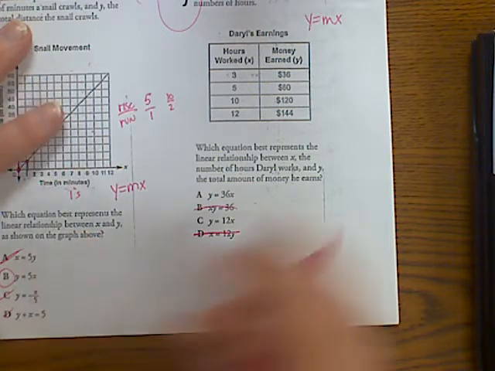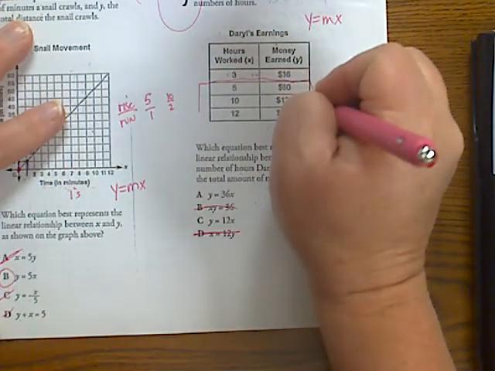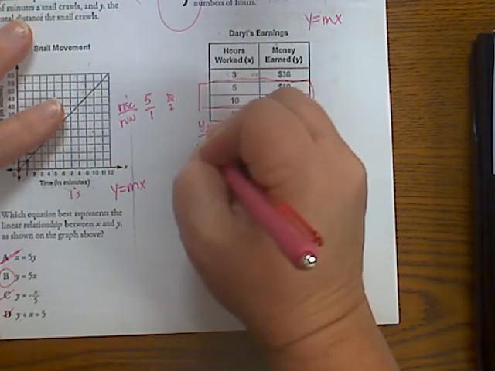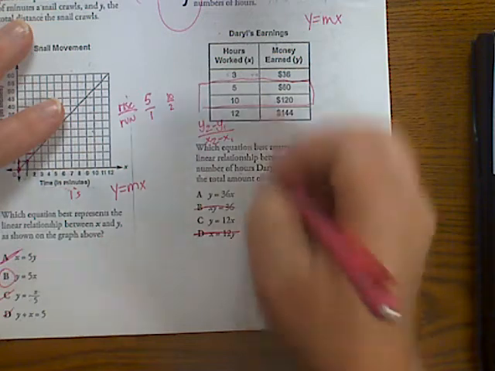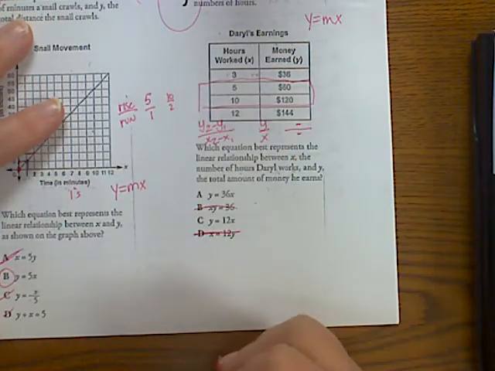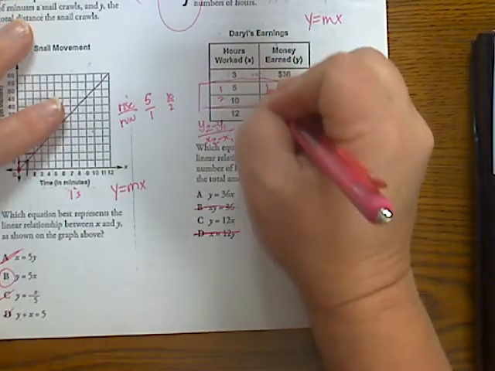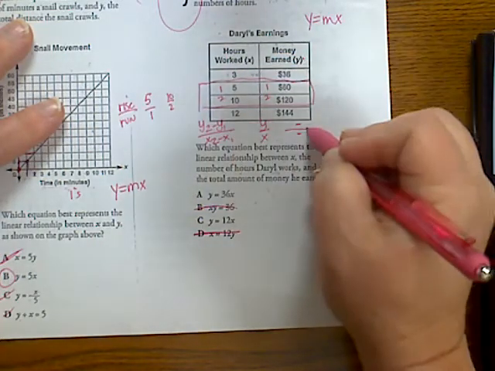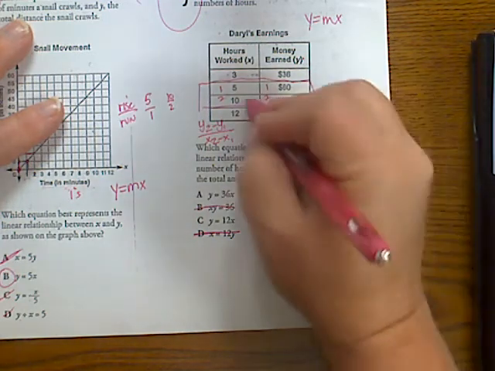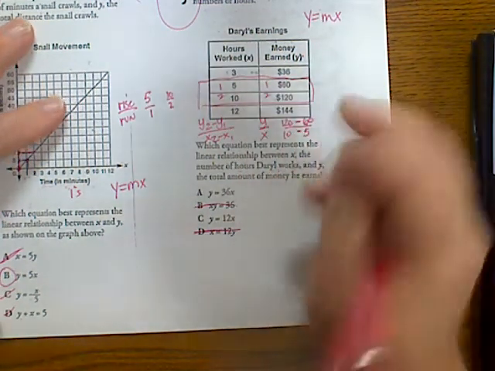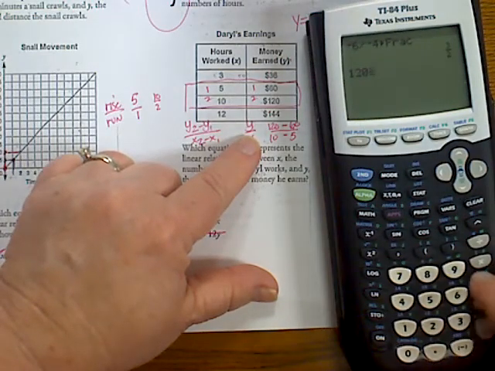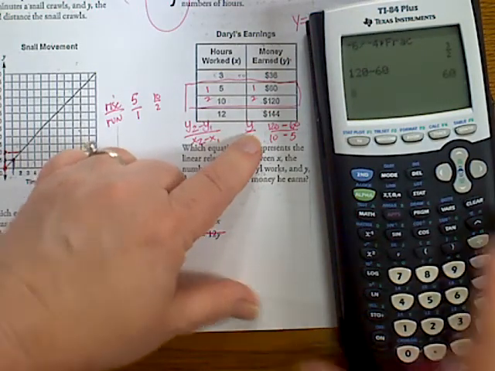Yeah, that one. That one where you pick 2, and you do y2 minus y1 over x2 minus x1. Or you can just do y's over x's. I'm okay with that. So I've got my y's on top. I got 120, subtract 60, over 10, subtract 5. In my calculator, 120 subtract 60, and I get 60.